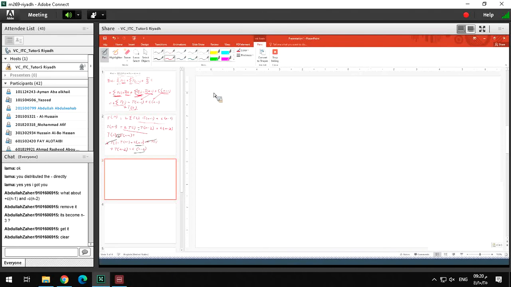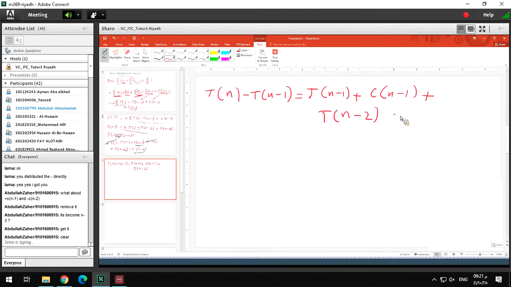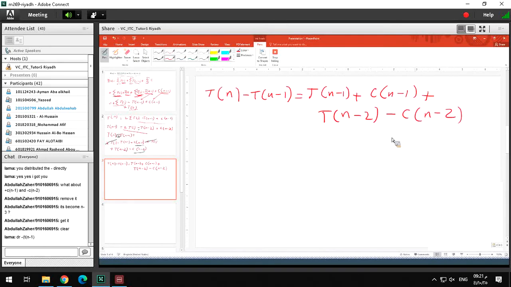So starting from this point, we say that at the end Tn minus Tn minus 1 equals Tn minus 1 plus Cn minus 1 plus Tn minus 2 minus Cn minus 2, right?